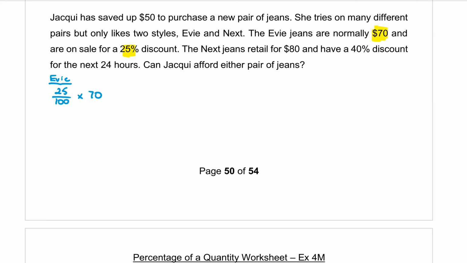Now 25% is the same as a quarter, so we want a quarter of 70. Now a quarter means dividing by 4. That's not very easy to do straight away, but we could halve the 70 to get 35, and halve that again to get 17.5. Now that is the discount that she gets.